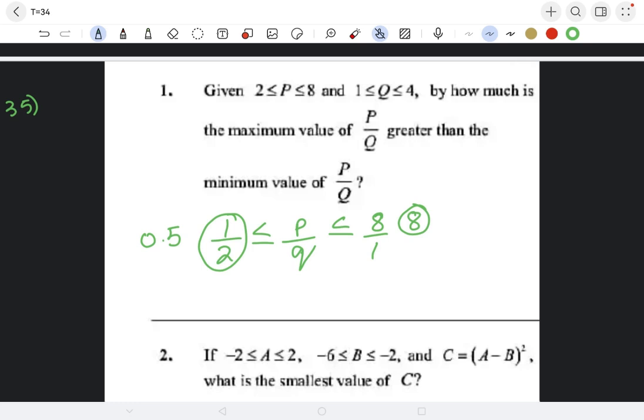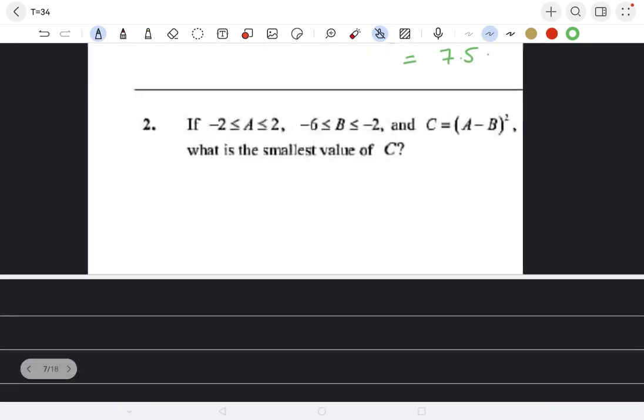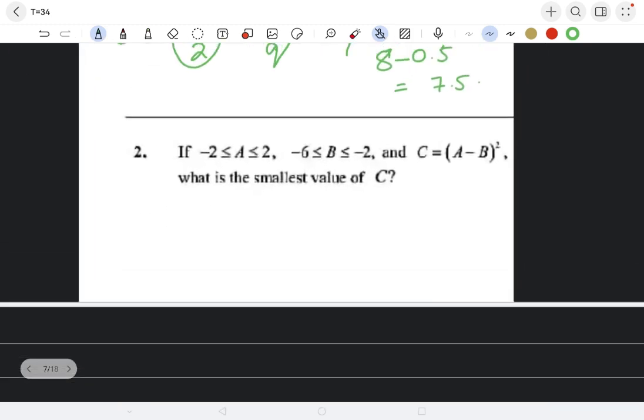They are not only asking for minimum and maximum, they are asking for their difference. Again, read the question very properly. So its difference is 8 minus 0.5, which is equal to 7.5. Okay, now moving towards question number 2.